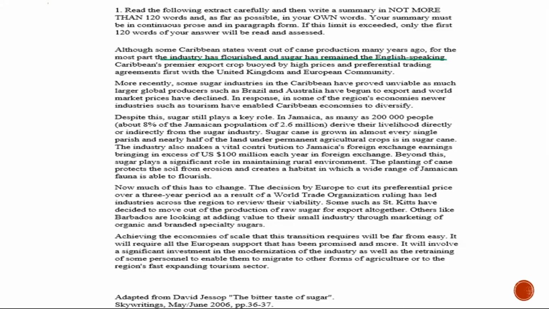Notice the underlined version says the industry has flourished and sugar has remained the English-speaking, that's a part of it, Caribbean premier export, that's a part of it. All the parts underlined in green are seen as the main idea for paragraph 1, which means therefore that all other parts highlighted in red are seen as irrelevant details.